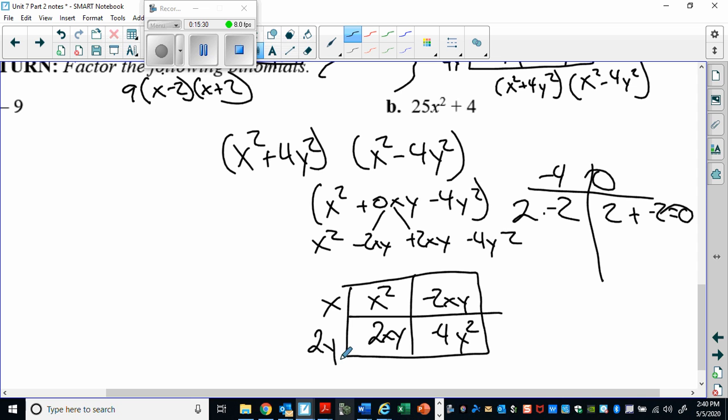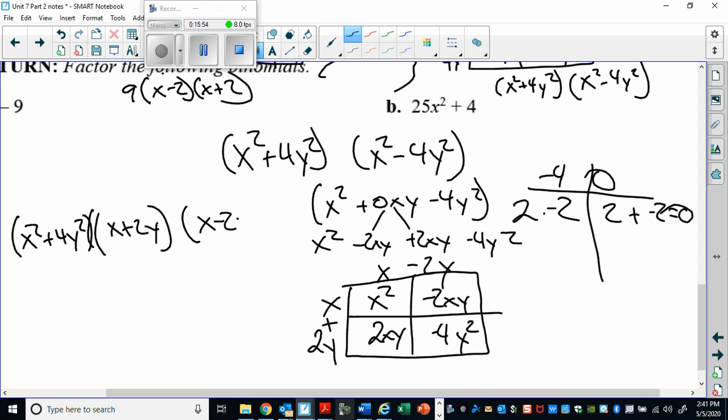But is it going to be positive? It is, because that's positive. Take out an x here. Now we're going to take out a minus 2y. So your answer, you have to include this, would be x squared plus 4y squared, right? If you want to factor it completely, then it's going to be x plus 2y times x minus 2y.